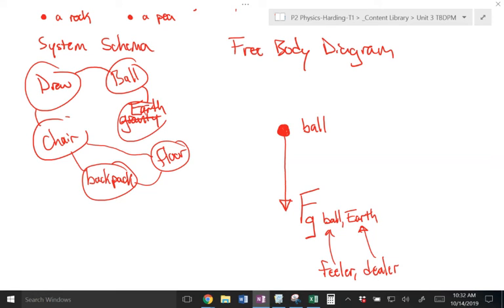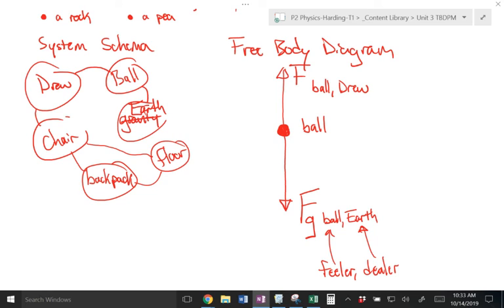Jimmy, what are you thinking? Jimmy says up. All right, so draw an arrow up. That is F, not gravity, but this would be ball, comma, Drew. Okay. So that's what's going on there. The ball is feeling an upward force from Drew. That's what's keeping it from falling. If we take away that force, that ball is going to fall. All right.